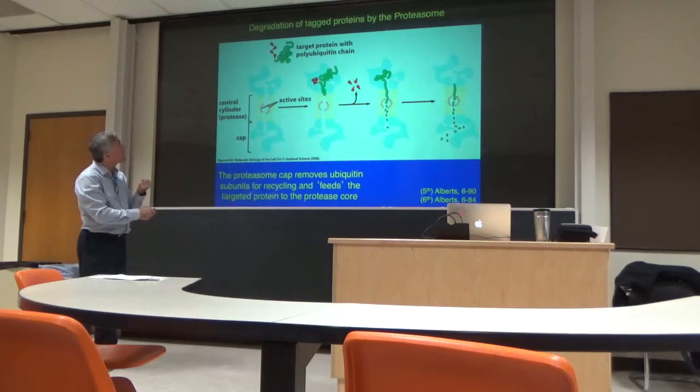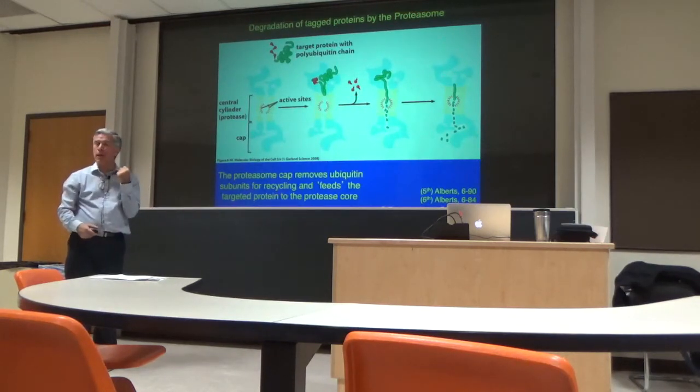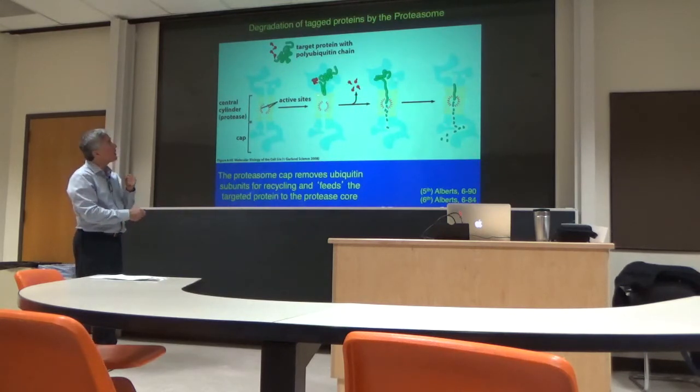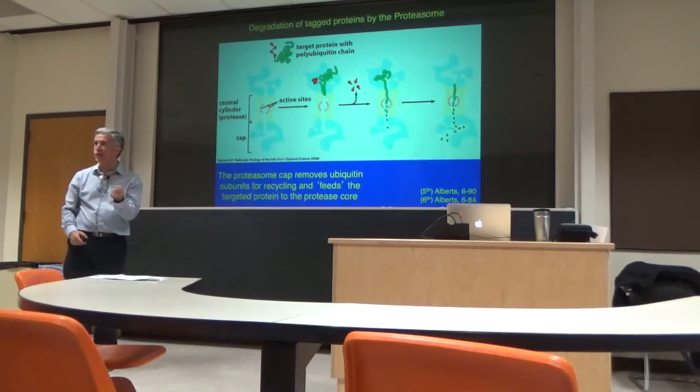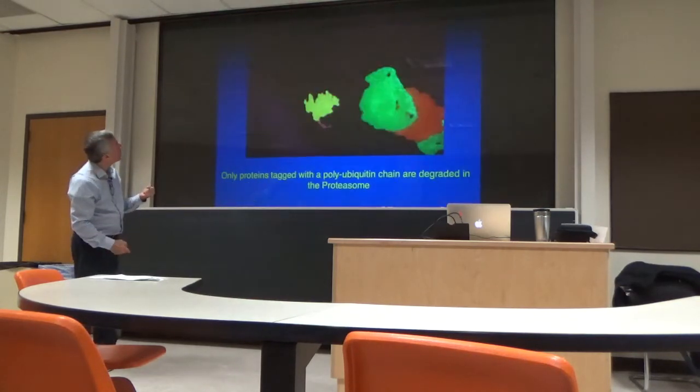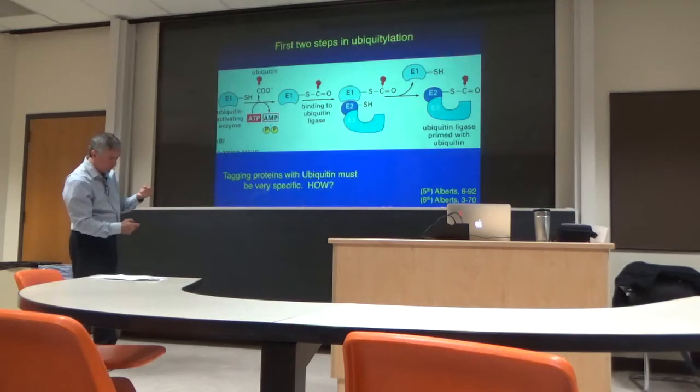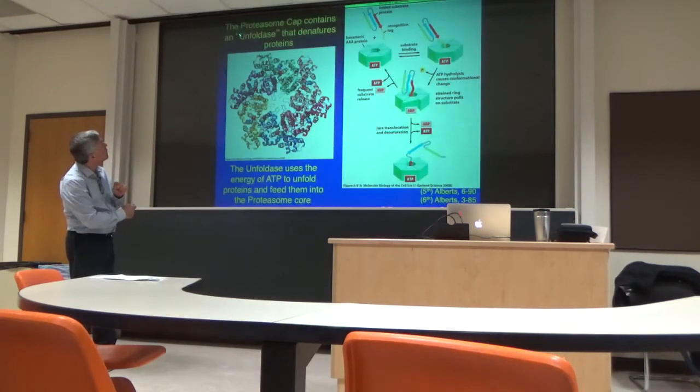And then it has, right at this end, an enzyme that does the opposite of the chaperone proteins. Chaperone proteins fold. There's an enzyme here that causes the denaturation, the unfolding of proteins. I think I have, a couple slides down the road, a protein called unfoldase.